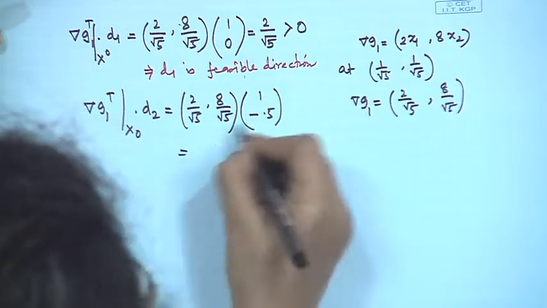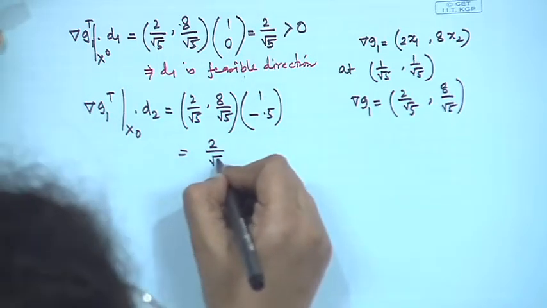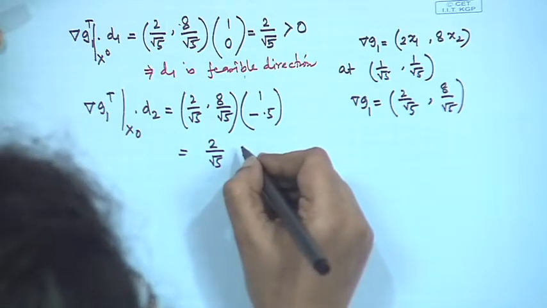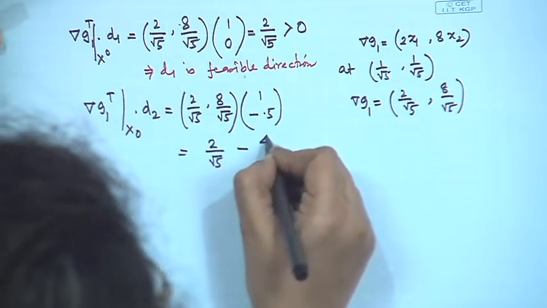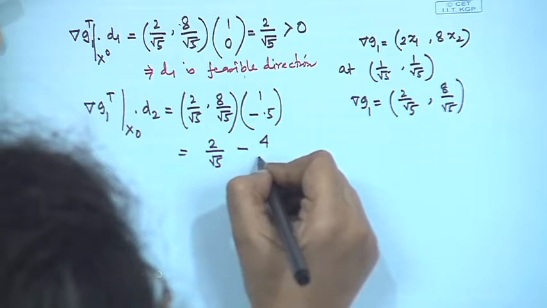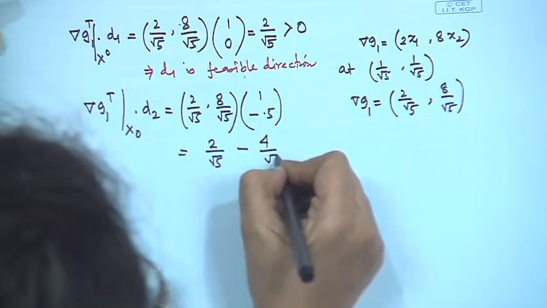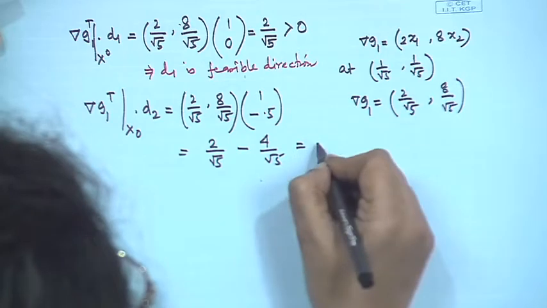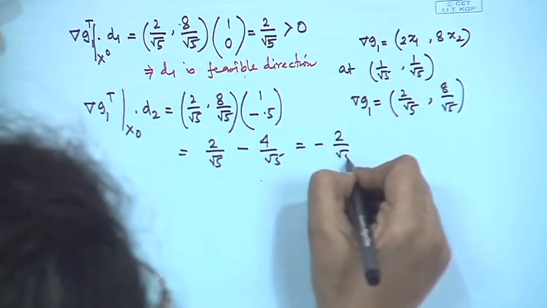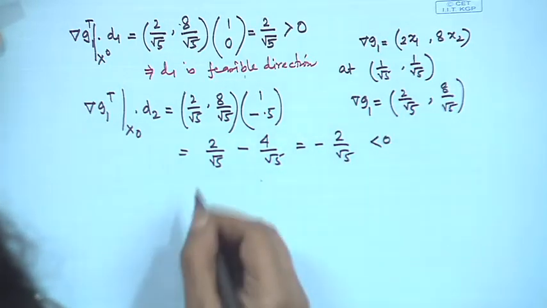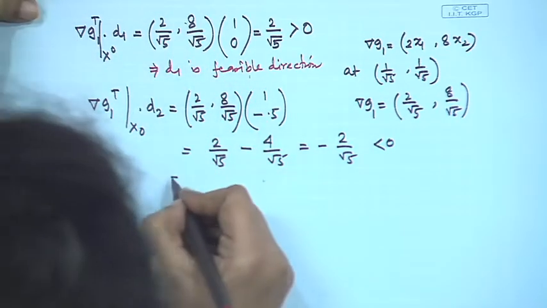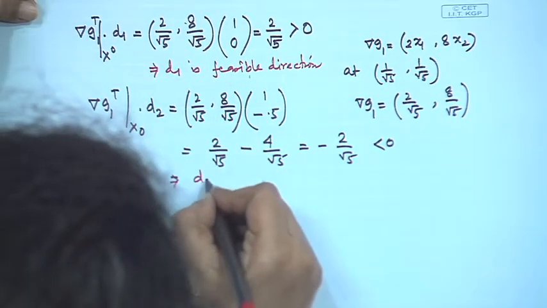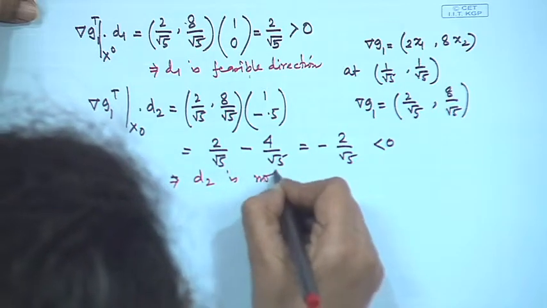That is why it is coming 2 by root 5, minus 4 by root 5. It is coming minus 2 by root 5. That is why this is negative. What is the conclusion from here? The conclusion is that D2 is not a feasible direction.